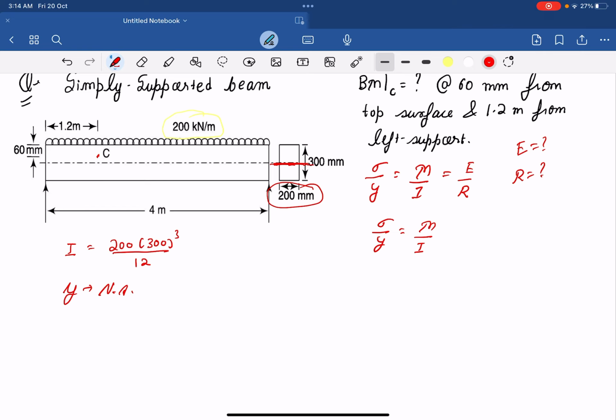If you see, its distance is 150 mm, and C from top surface is 60 mm. So from neutral axis its distance will be 90 mm. So y value is 90 mm, right?